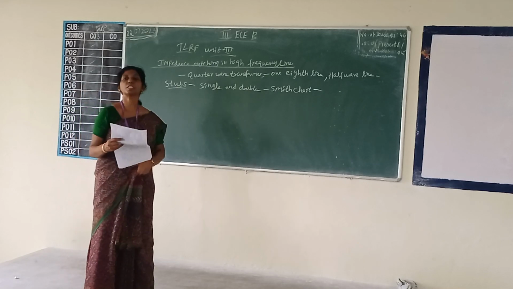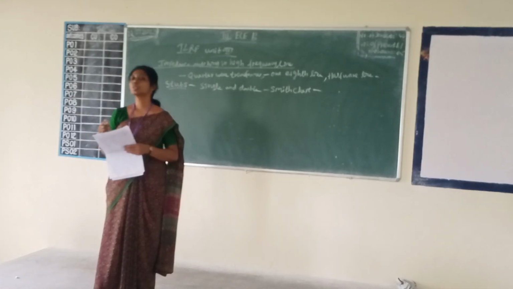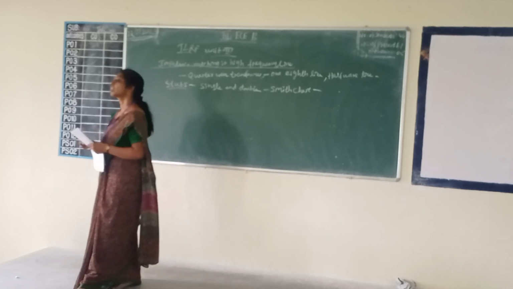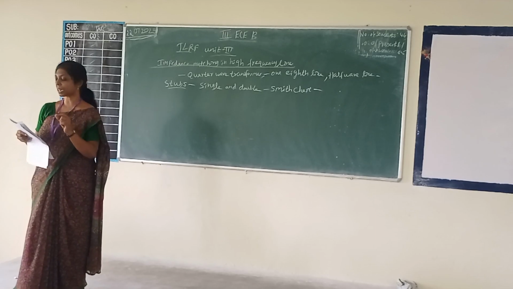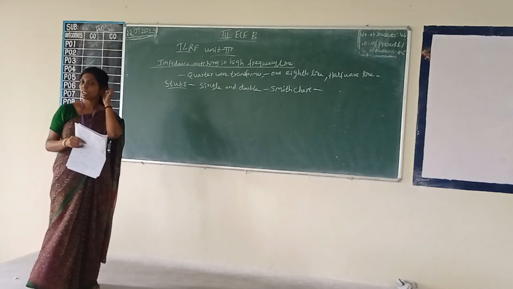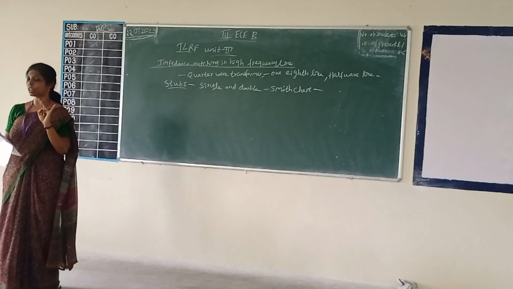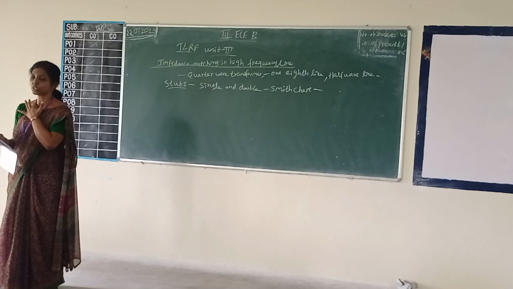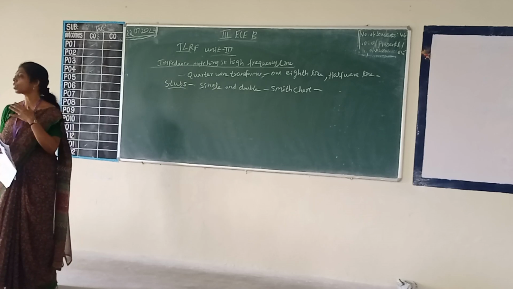Then solution of problems using Smith chart. Then the next subheading, single and double stub matching using Smith chart. So the theory part questions are quarter wave, 1/8 line, half-wave line, single stub and double stub matching, then applications of Smith chart and the general description of the Smith chart, which is also a theory question.